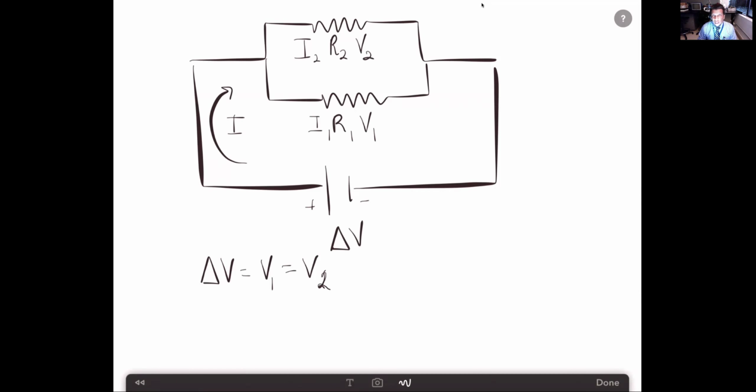And we're going to again use our power considerations. P, power being produced by the battery is equal to power being consumed by resistor 1 plus the power being consumed by resistor 2. We're going to again use our power equation.